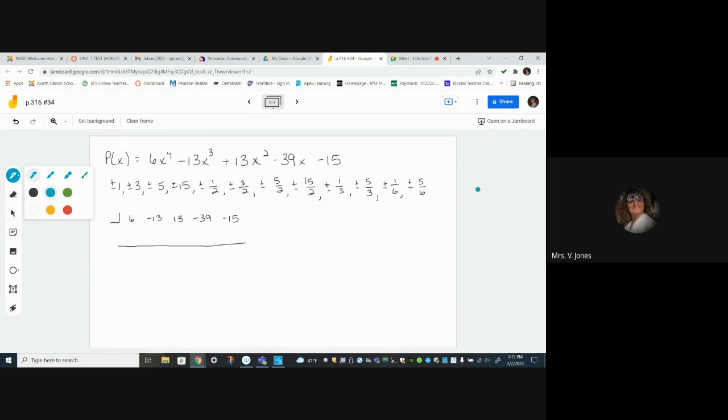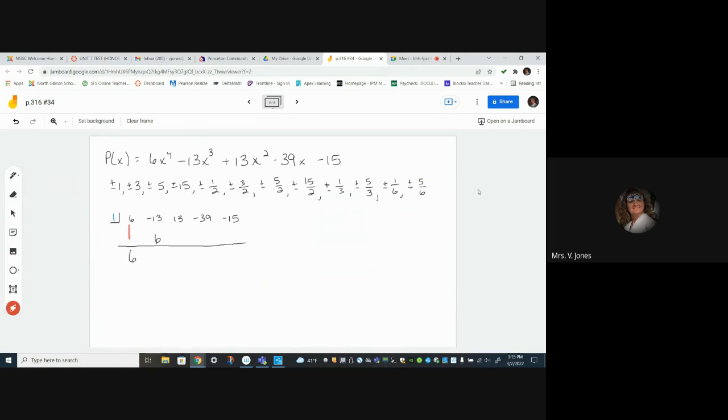So on this problem, you've got all your options here. You got all these options. We know we're going to have positive and negative roots. So you just start in with, usually starting with the first one, you try 1. So bring the 6 down, then you multiply 1 times 6 and put it there.